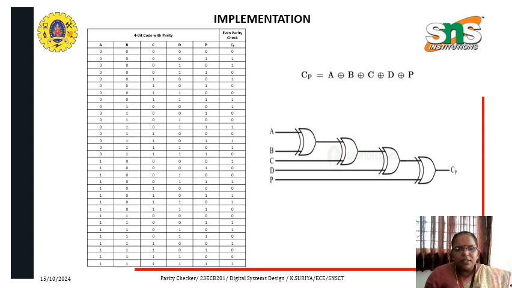Consider a 4-bit digital code 0011, and we'll have a parity bit, say 0. Having 0 as the parity bit at the LSB position, this code is received by the even parity checker. So 00110 is received by the even parity checker.